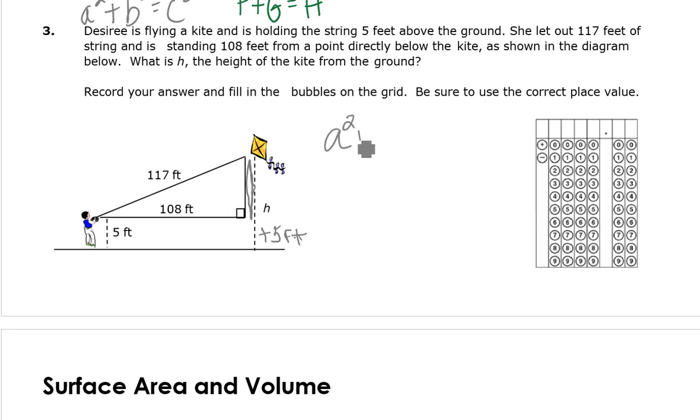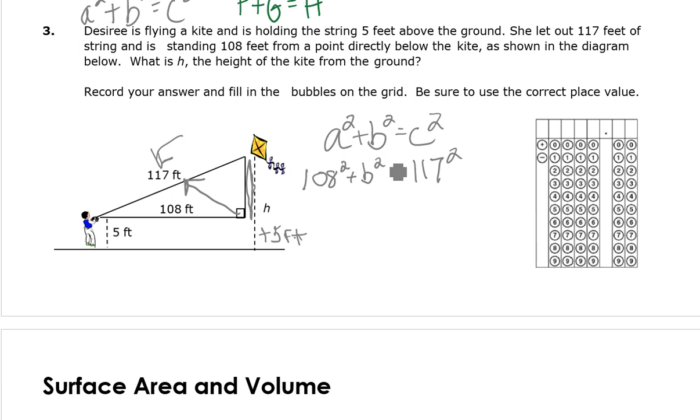I know a squared plus b squared equals c squared. I know 117 will represent my c, so 117 squared, because that is my hypotenuse. 108 squared plus b squared will help me solve for that.